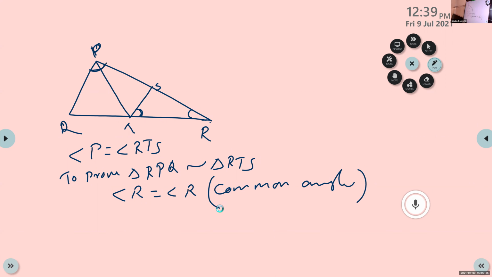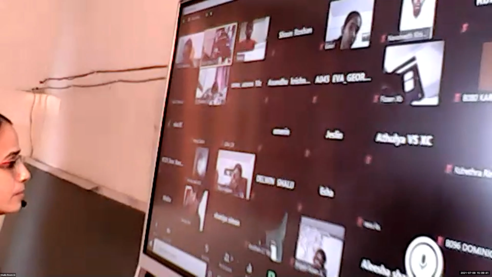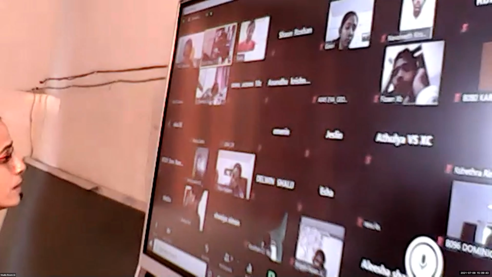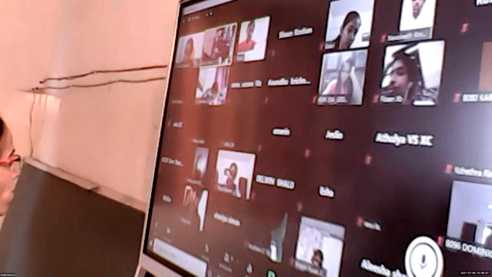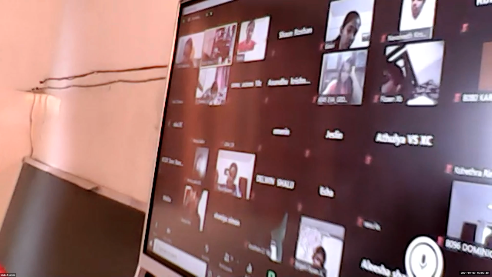One angle is angle R equal to angle R. Then are you thinking? Anything else is there? I can explain that question also.